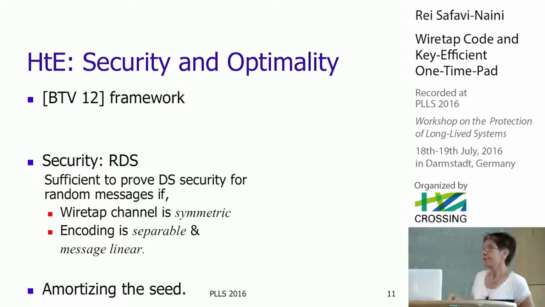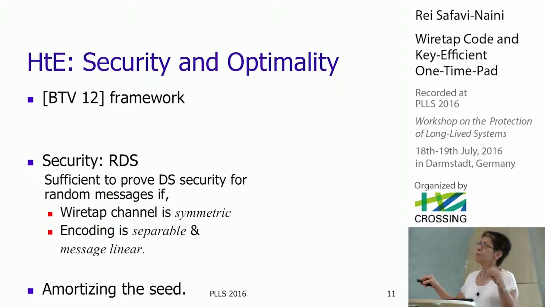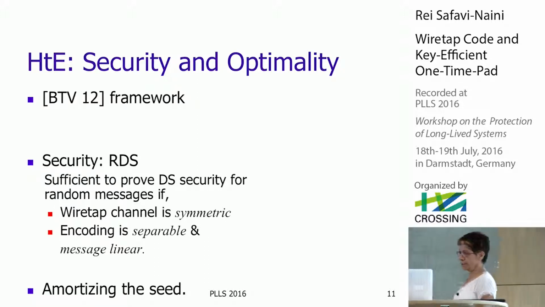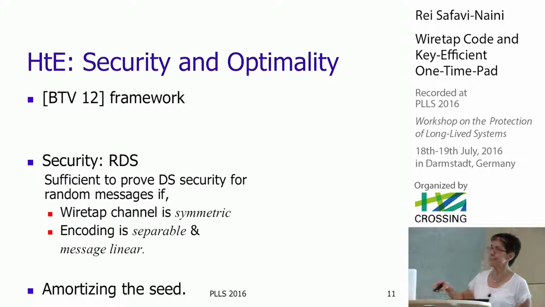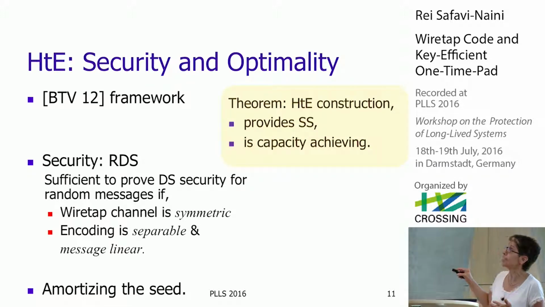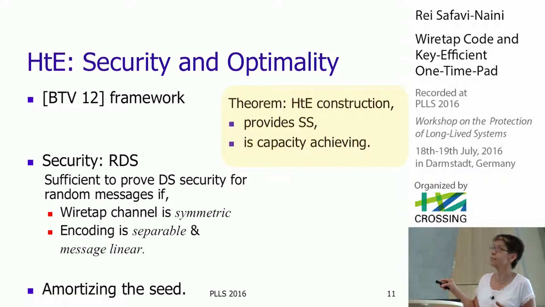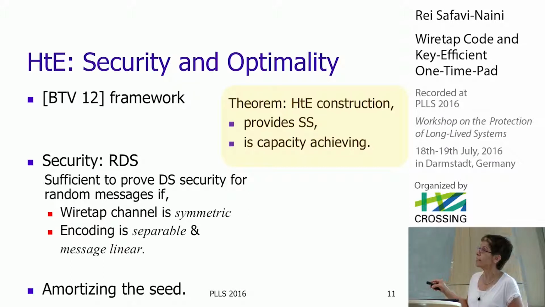So we use their theorem, because we can prove this property and our coding has this extra property, then we do have semantic security. And as I said, the seed is amortized over many applications of the channel. Effectively, what we can show is that each hash-then-encrypt construction provides semantic security, which is the strongest notion of security that we have, and it is capacity achieving.